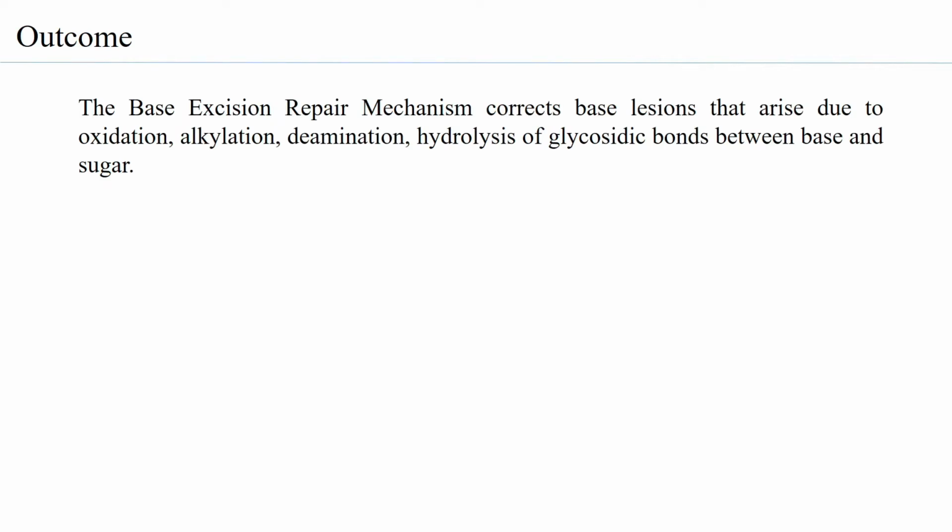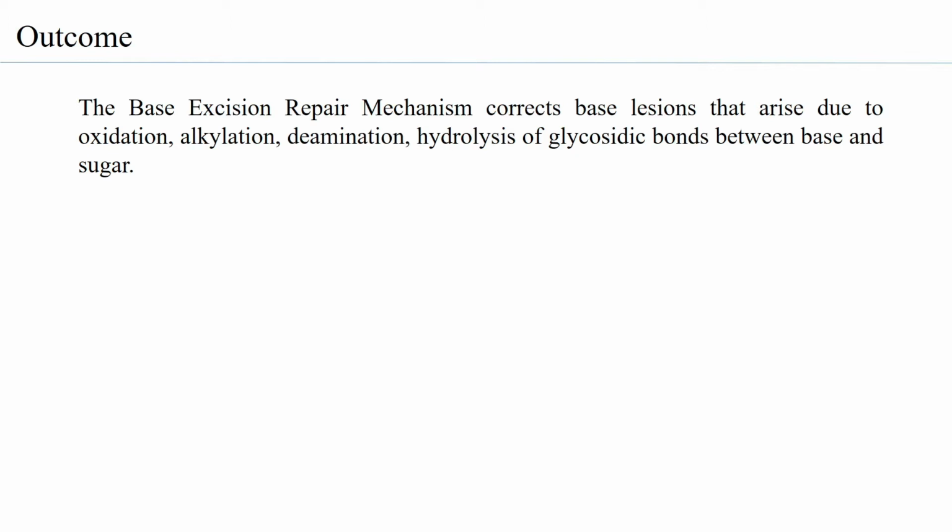The base excision repair mechanism corrects base lesions that arise due to oxidation, say, for example, the formation of oxo-G, or say, for example, alkylation or deamination. Say, for example, cytosine is deaminated to uracil.